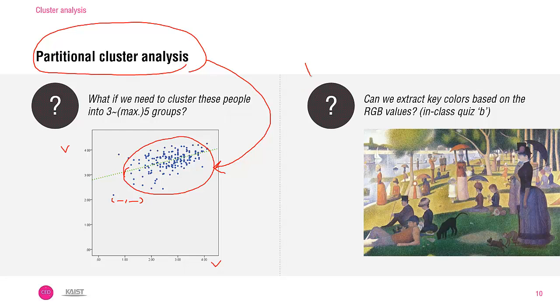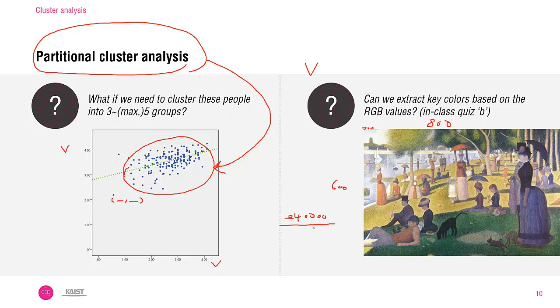And this is another case. Can we extract some key colors based on the RGB value of each pixel? A picture has a dimension of something like 800 by 600 pixels. So the entire number of pixels is quite a lot, something like that. The entire number of pixels reaches 240,000.